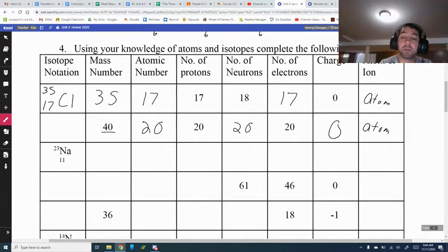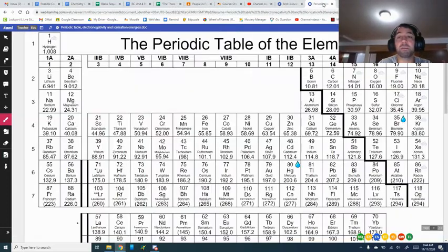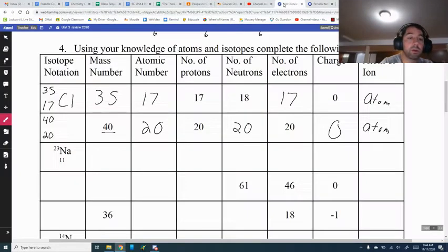Okay, that's a terrible 0. Sorry about that. There we go. All right, so then we do our same thing over here. We do our mass number on top left, our atomic number bottom left. We look at the periodic table to identify it. That is calcium. So Ca.